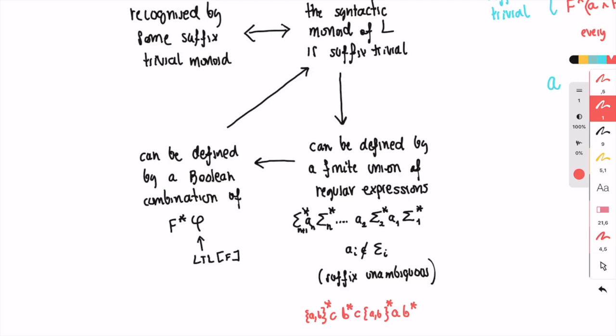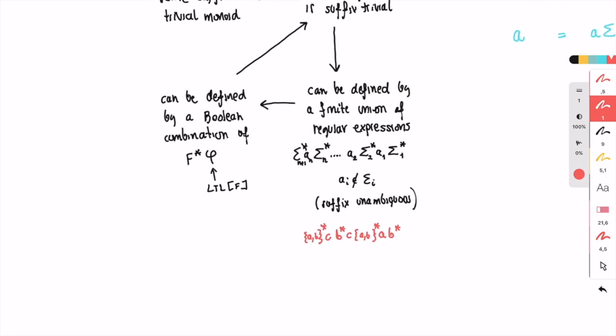So let's start the proof. We begin from the syntactic monoid to a suffix trivial language.